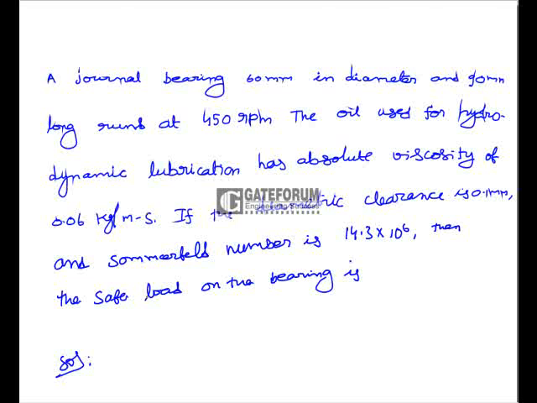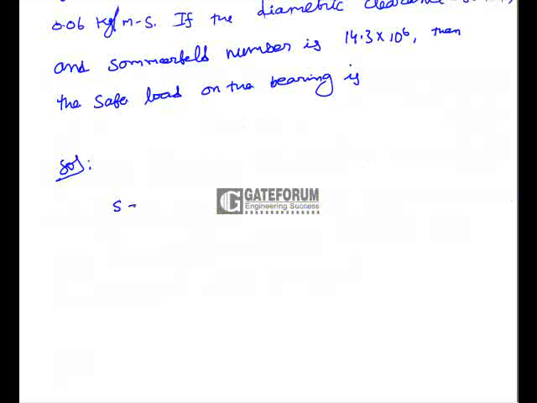Here the Sommerfeld number is given by S is equal to ZN by P into D by C whole square, where D is the diameter of the journal and C is the diameter clearance, Z is the viscosity of the fluid and N is the rpm, and here P is the safe pressure or the maximum pressure that can be applied on the bearing, and S is the Sommerfeld number. All the values are known values except P. So here we will have to find out the P.